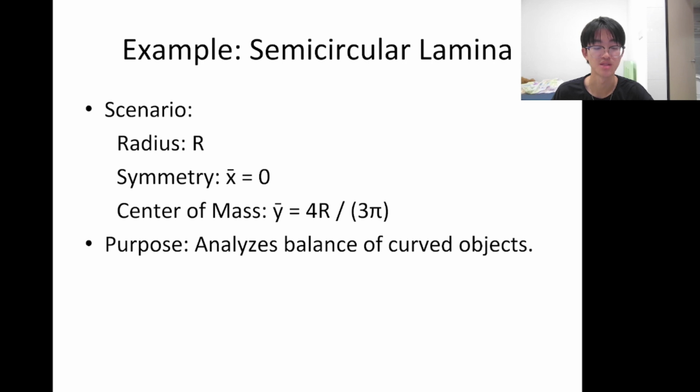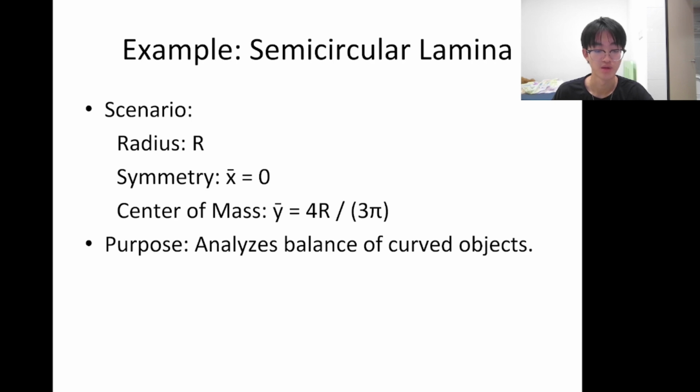Let's consider the center of mass of an object with radius r and uniform density rotated about the x-axis. Due to the symmetry about the y-axis, x̄ is equal to 0, and then calculate ȳ. Then use polar coordinates for integration.